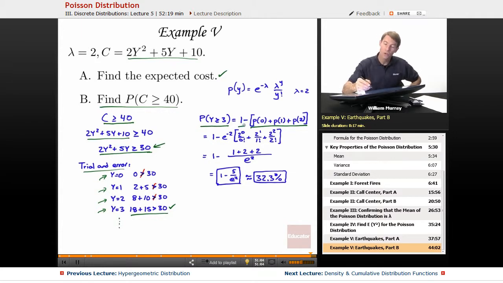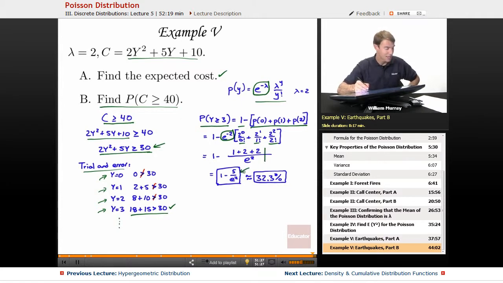So I used my Poisson distribution formula. And in particular, I noticed that one of these factors is constant, so I factored that out right here. That's the e to the negative 2. And then for the other terms, I was just plugging in the different values of y equals 0, y equals 1, y equals 2. And all of those gave me pretty simple numbers to simplify down.